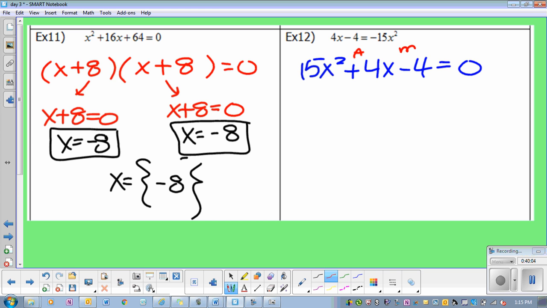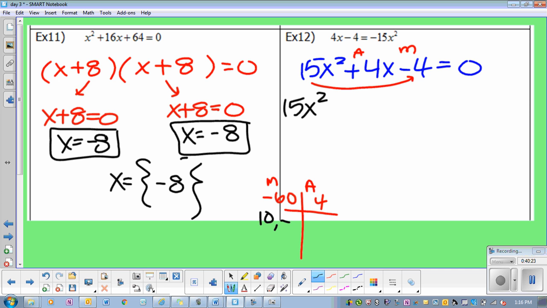So this is a factoring problem, but it's the swing one. Two numbers that multiply to give me negative 60 and add to give me 4. What do we have? 15x squared, 10 and negative 6.